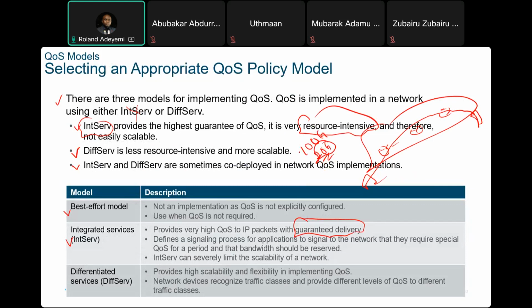That's why they say it is resource intensive. But the advantage of this is it provides a high bandwidth guarantee from source to destination. It defines a signaling process for an application to signal to the network that it requires special QoS for the period, and that bandwidth should be reserved. That's the way it's implemented.